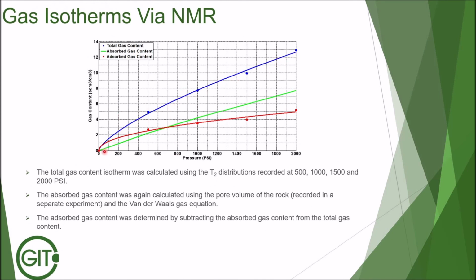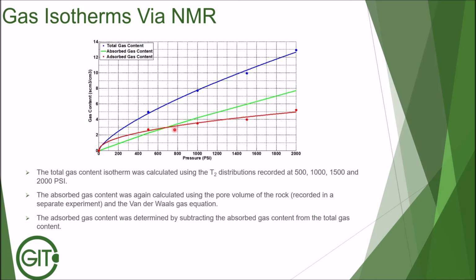Then to get the absorbed gas isotherm, which is shown here in green, we again use the van der Waals gas equation and the pore volume of the rock, which once again was measured in a separate experiment. That gives us the absorbed gas isotherm right here. And then to get the adsorbed gas isotherm, which is shown here in red, we simply take the total gas isotherm, subtract the absorbed gas isotherm, and the result is the adsorbed gas isotherm, like the one shown here in red.